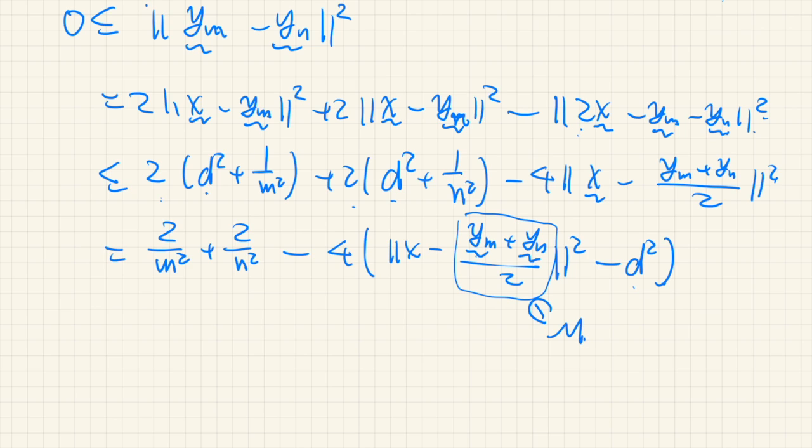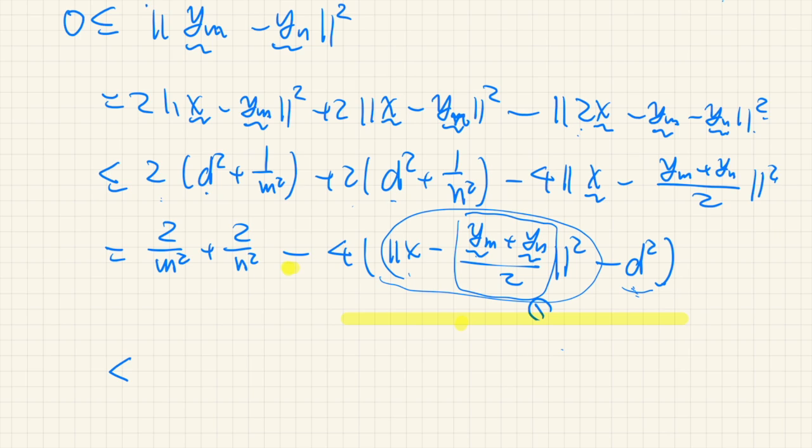But d is the infimum of the distance between x and a point in M, so this quantity is greater than or equal to d. So this part should be positive, and we have minus a positive number.